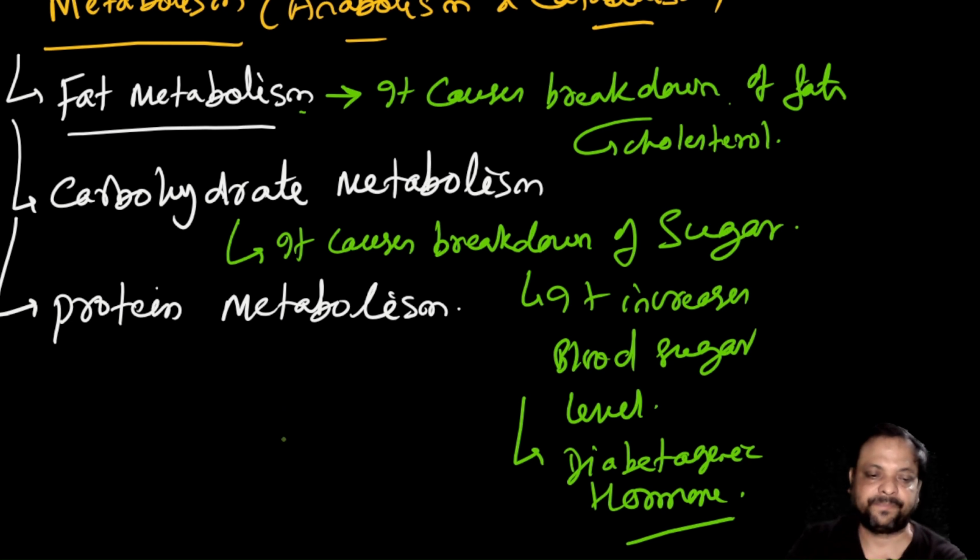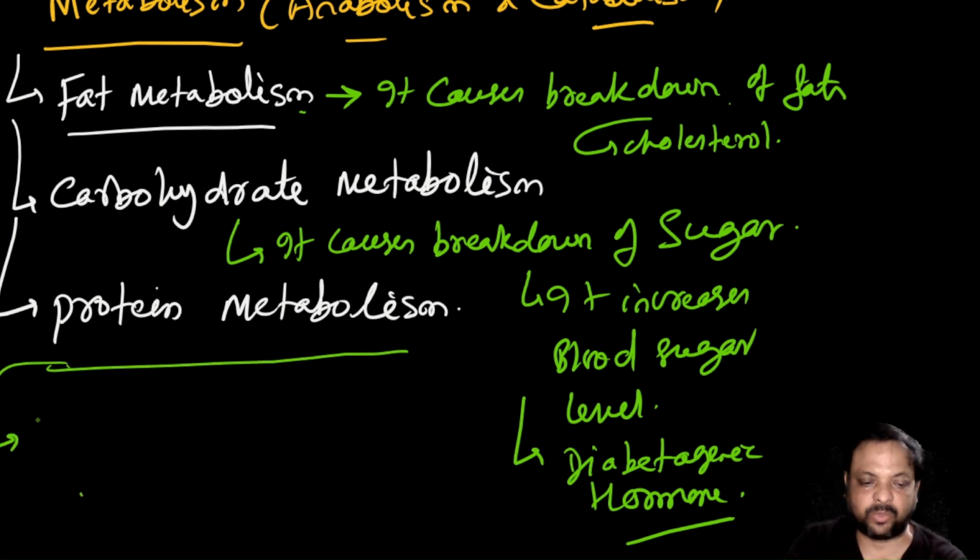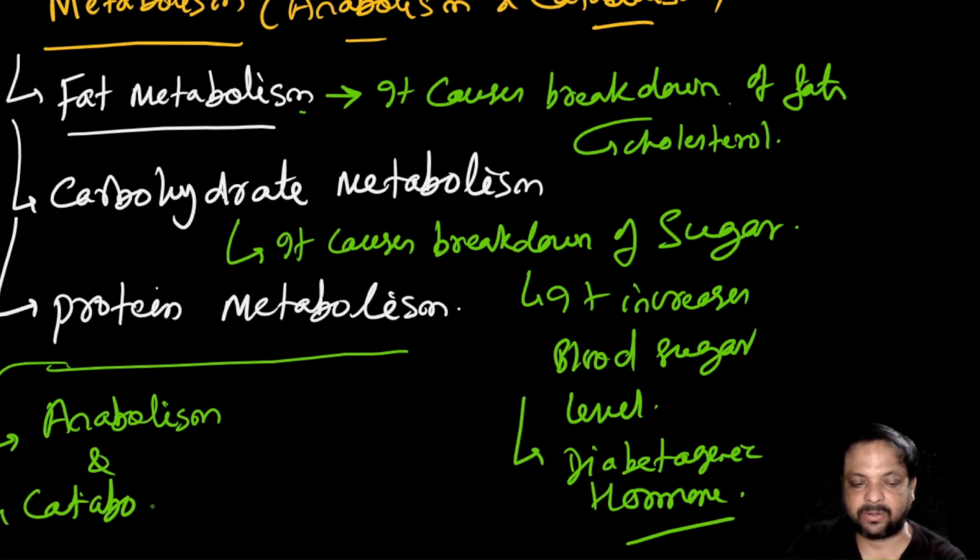Diabetogenic hormone means it causes diabetes. But now let's talk about protein metabolism. When we discuss protein metabolism, it causes both anabolism and also catabolism. Got it? So both processes are found in protein metabolism.